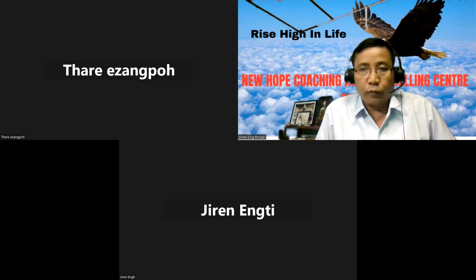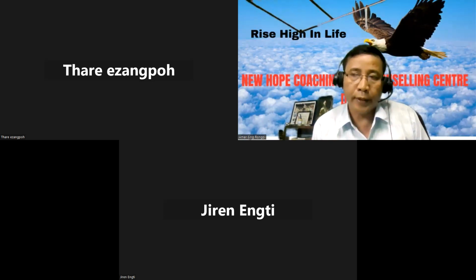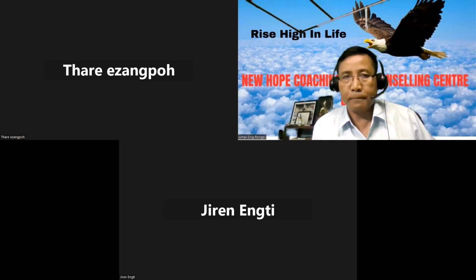Jiren, your branches in the Northeast? No, sir, 45. In Karbi Anglong, how many are there? In Karbi Anglong, still only 2 branches, here in Diphu and in Bokajan. Bokajan. Oh, yes.